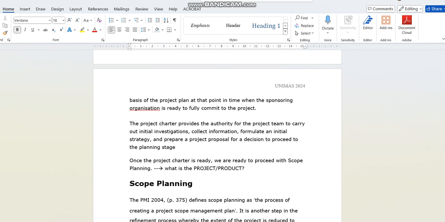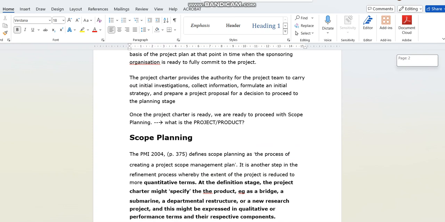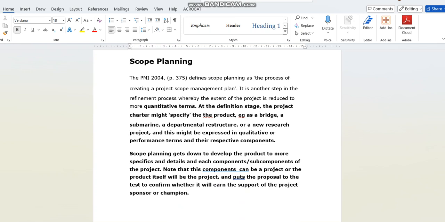In scope planning, essentially there are two parts here. One important part is the definition of the product itself. Here is something that we need to recap. Basically, in scope planning we are talking about the product itself. What are the components?